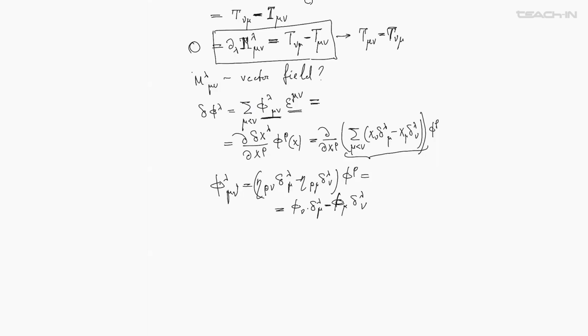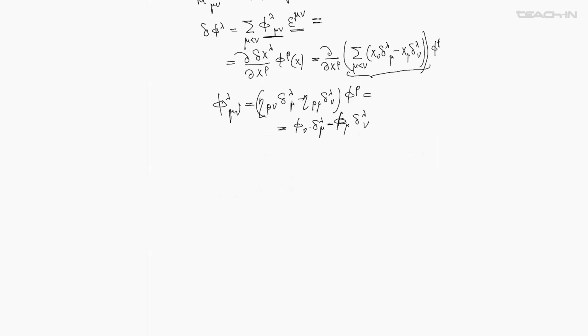And now if you substitute this response together with the response of coordinates into the general formula for the Noether current, you will find for the tensor of angular momentum of a vector field the following formula. It will be written as minus ∂L over ∂(∂_λ φ_ρ).